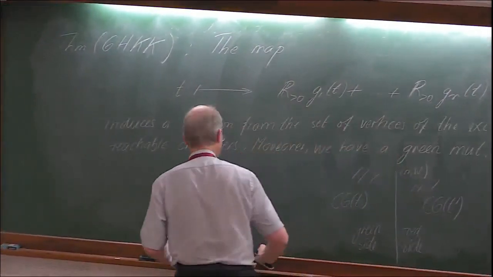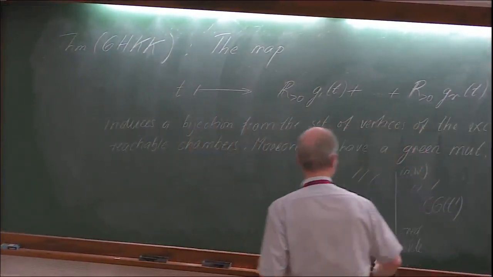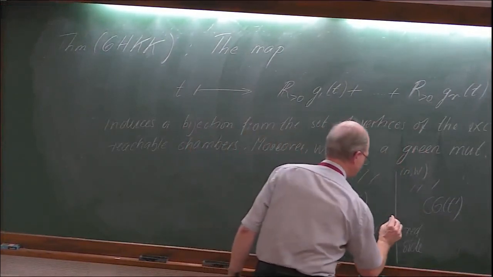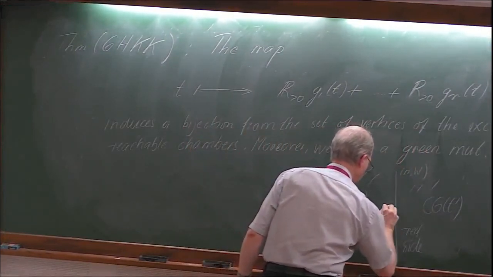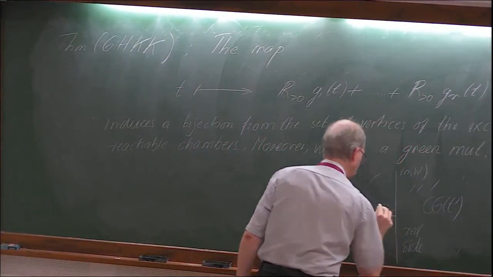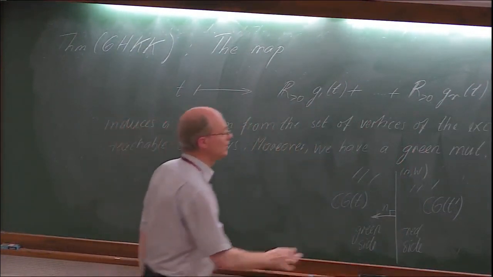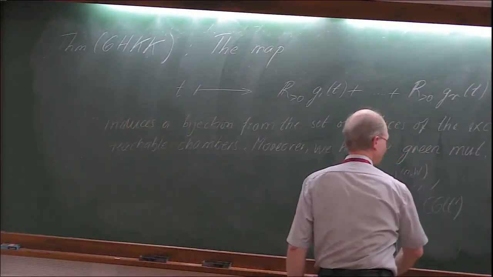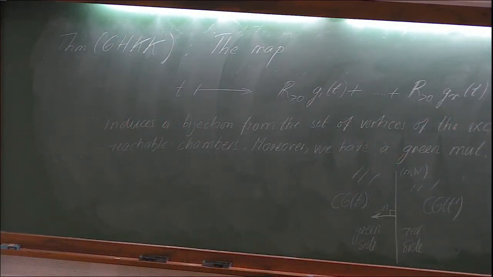And moreover, in this case, the normal vector n is just the C vector associated with this green mutation.